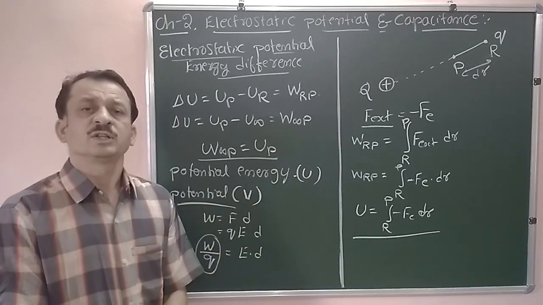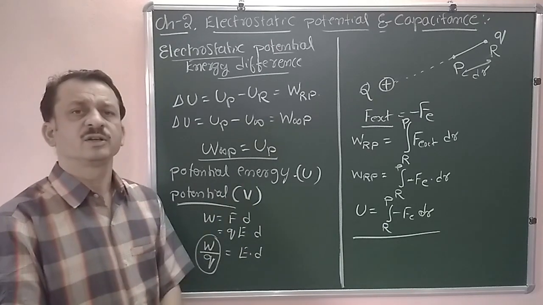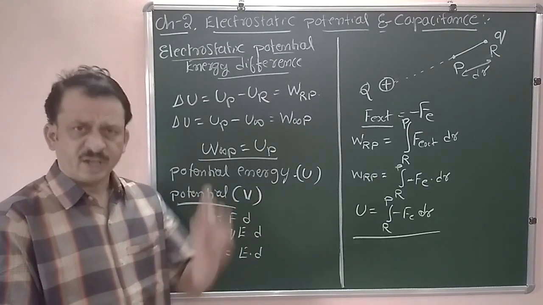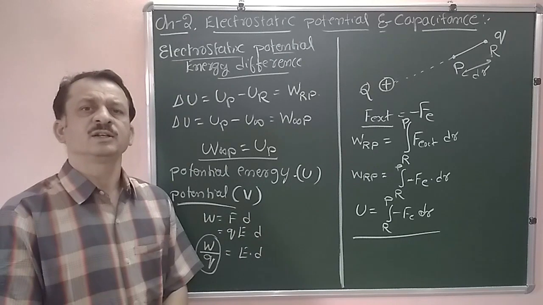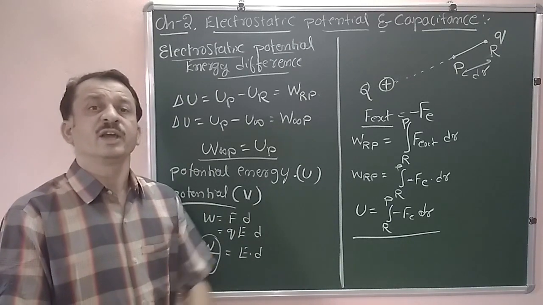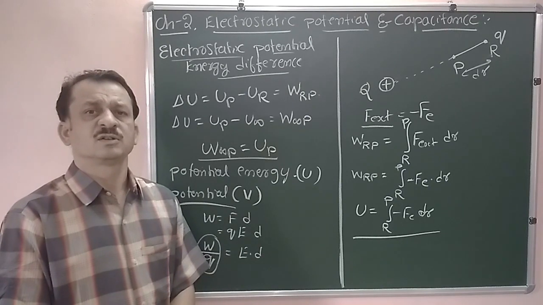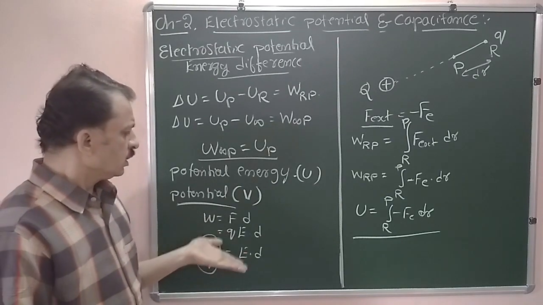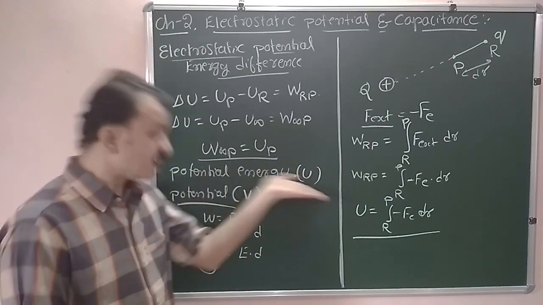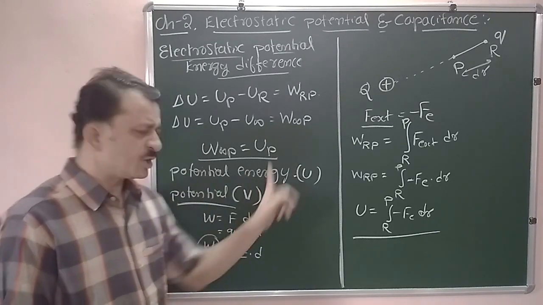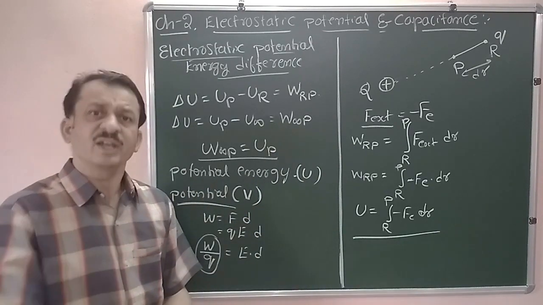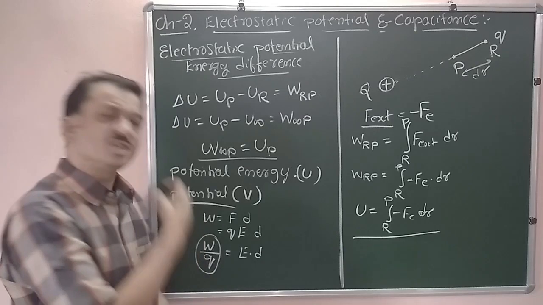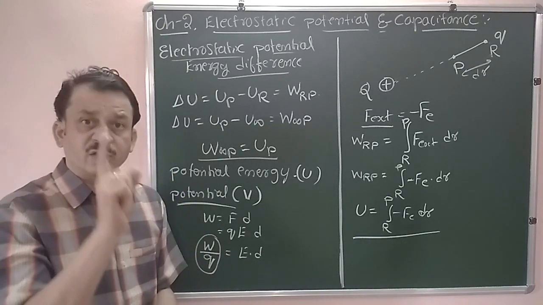So therefore, the electrostatic potential at a point due to the external field configuration is the amount of work done in bringing a unit positive charge from infinity to the given point. Now this definition is similar to that of potential energy, but in the case of potential energy we are bringing a charge from infinity to the given point, while in the case of potential we are bringing a unit charge.